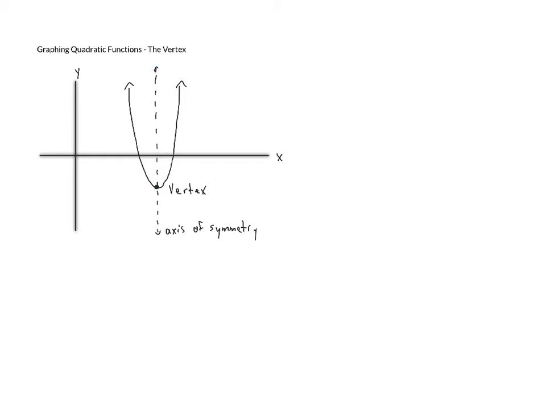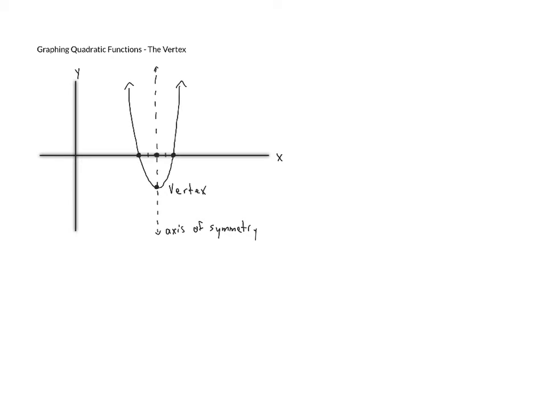Now, our goal today is going to be figuring out how we can decide where the vertex is going to go. And this symmetry actually plays a role in it, because what I'm going to do is I'm going to plot the x-intercepts. If we look at the x-intercepts, and you look at the vertex, where the vertex is along the axis of symmetry, that axis of symmetry is exactly halfway in between the two intercepts.